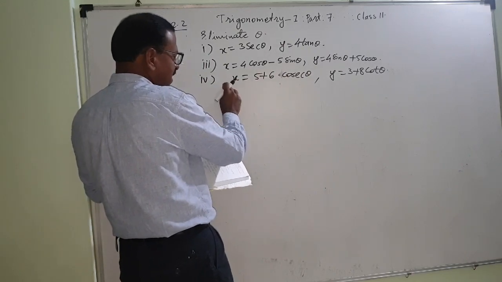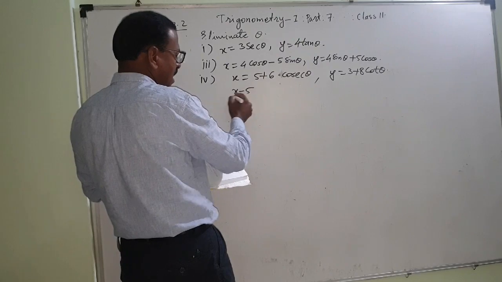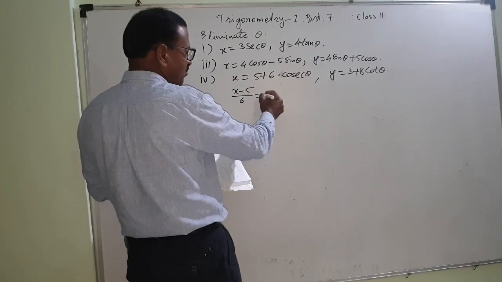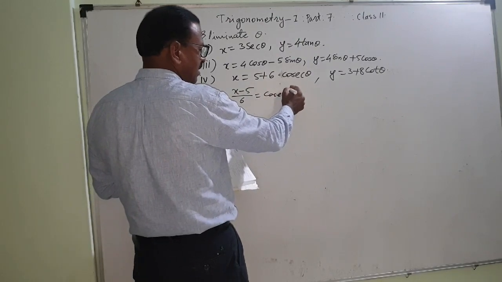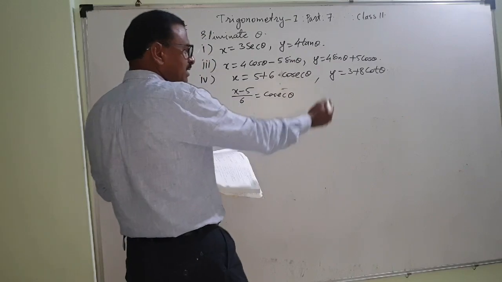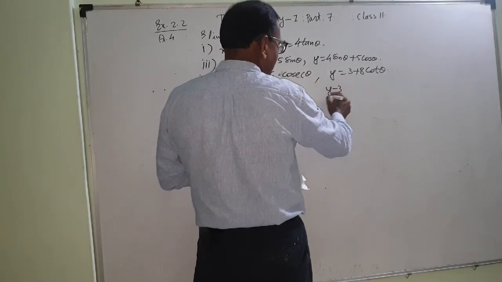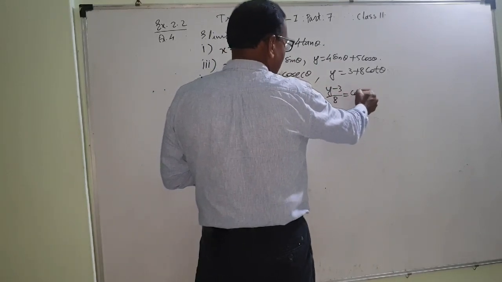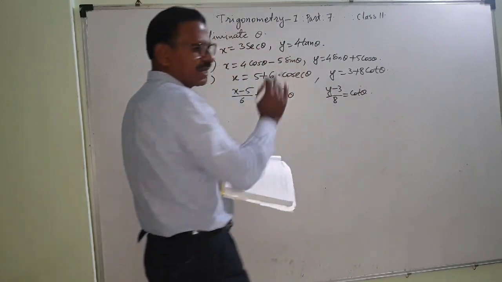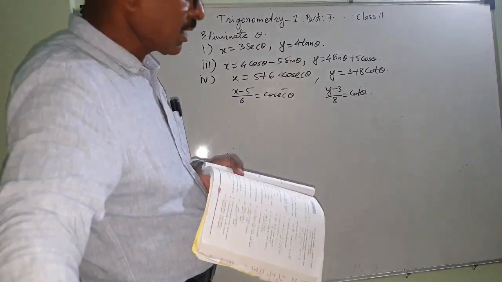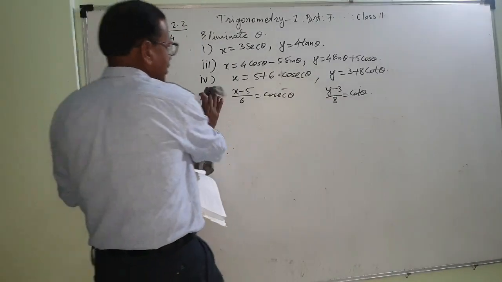You bring this here: x minus 5 upon 6 is equal to cosec theta, and y minus 3 upon 8 is equal to cot theta. And then square it and use the identity.